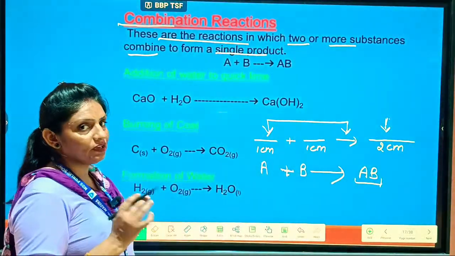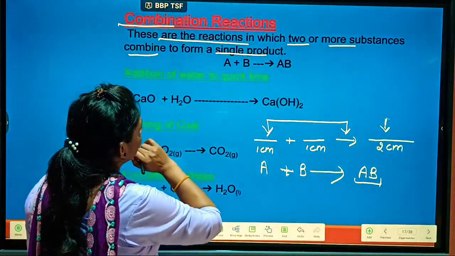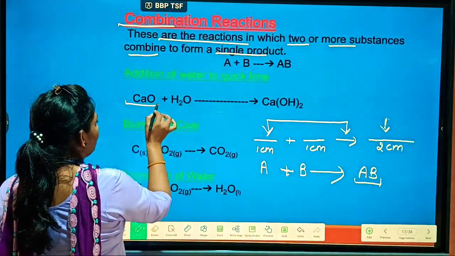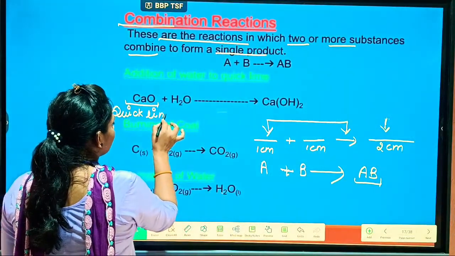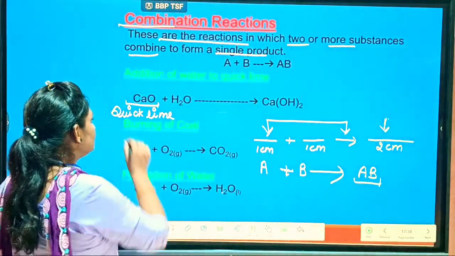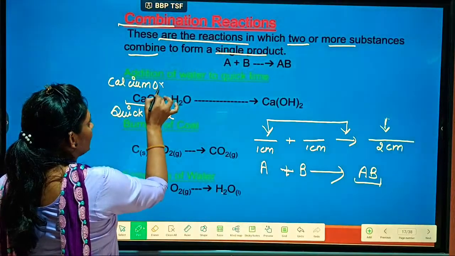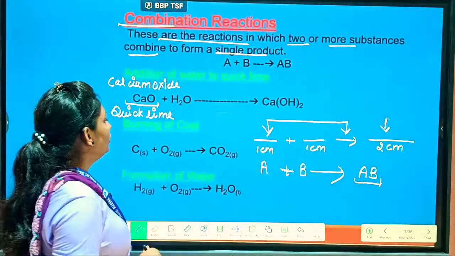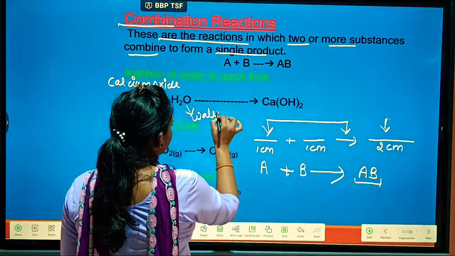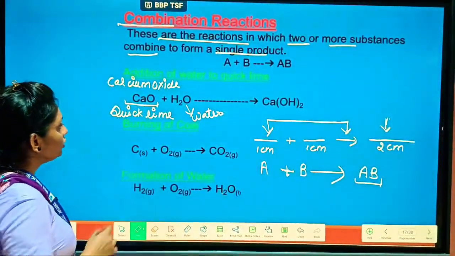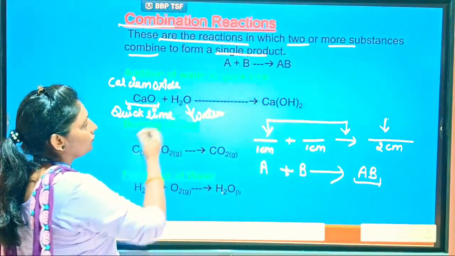Students, you can see some examples. The first one is the addition of water to quicklime. Students, CaO is known as quicklime, and its chemical name is calcium oxide. When it is reacted with water, H2O, students, here you have two reactants, one is calcium oxide and the second one is water.